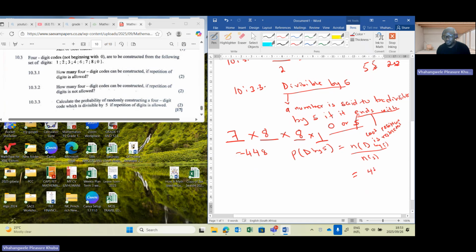We are going to have 448 divided by, from question number 1, you had a total of 4 digits, which is 3, 5, 8, 4. Then you simplify this, and you have your answer there.